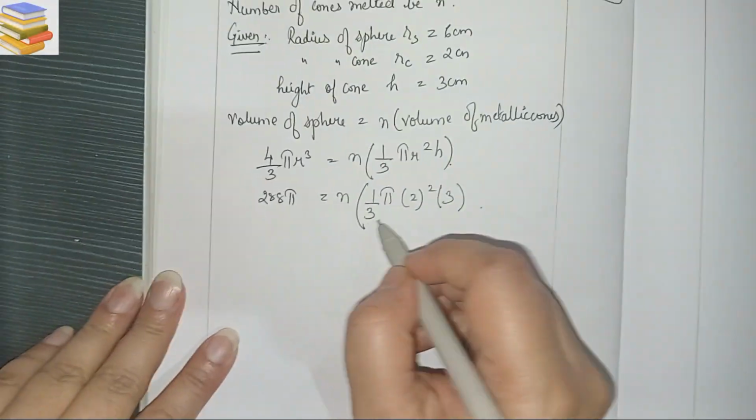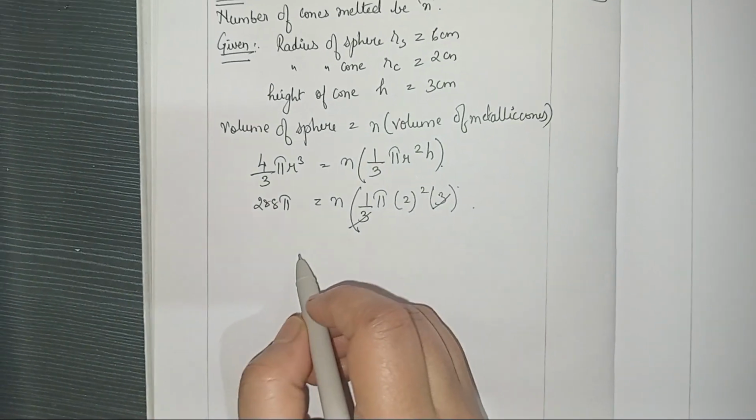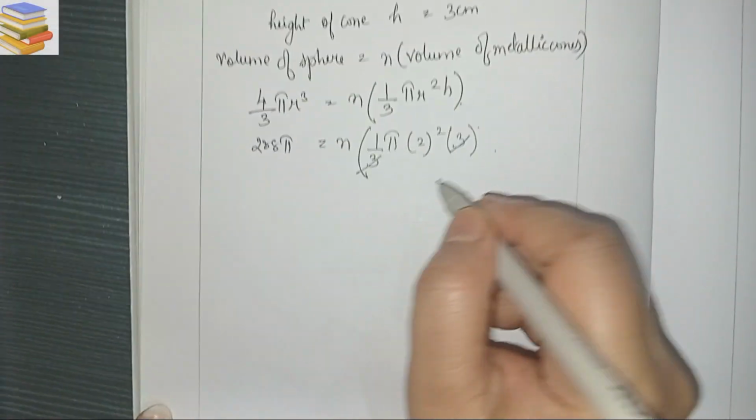Okay. 3 gets cancelled with 3. You get 2 2s is 4.